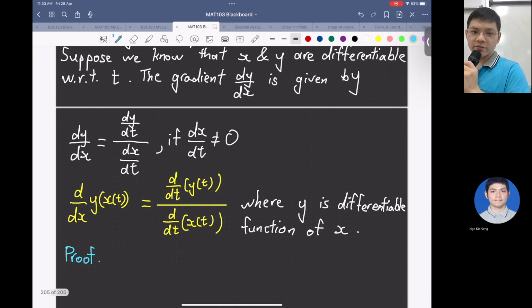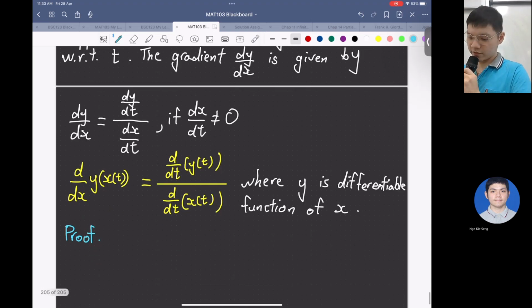So what is the chain rule? What's the chain rule for a composite function?